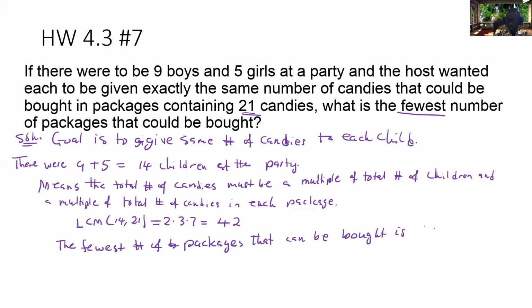So that would be 42 divided by 21, and that gives us 2. So in this case, the fewest number of packages will be just 2 packages.